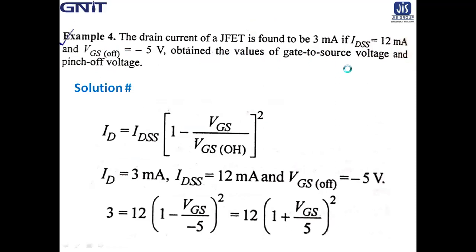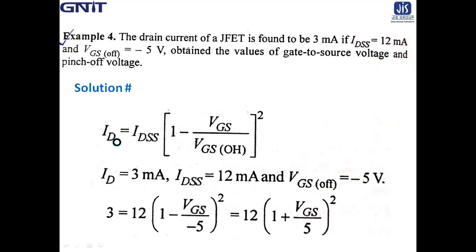Obtain the values of gate to source voltage and pinch off voltage. Again, I am repeating that the drain current is given, which is 3 milliampere, and IDSS is also given, and VGS off is given. So you have to determine the gate to source voltage and pinch off voltage.